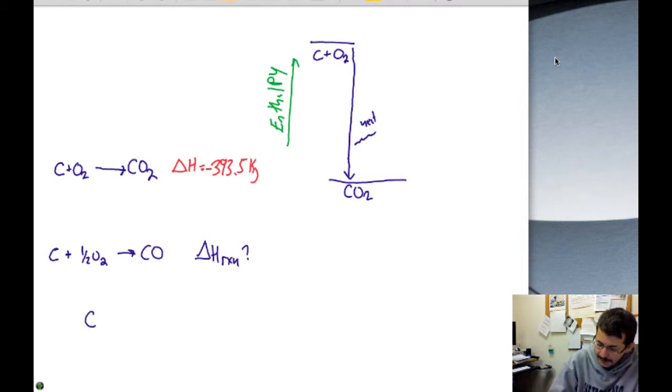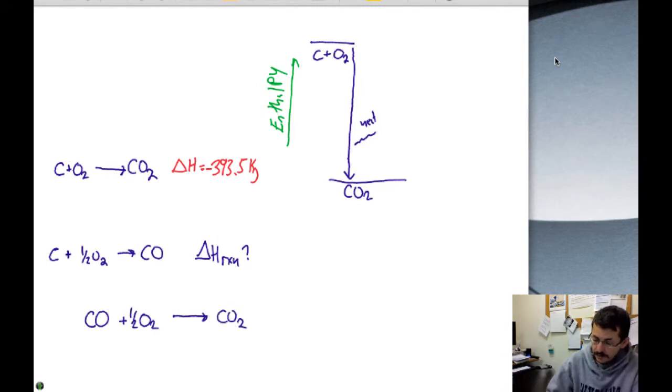But you can take carbon monoxide plus 1/2 O2 to give us CO2. It turns out that the delta H of this reaction, you can measure, and it turns out to be negative 283 kilojoules.